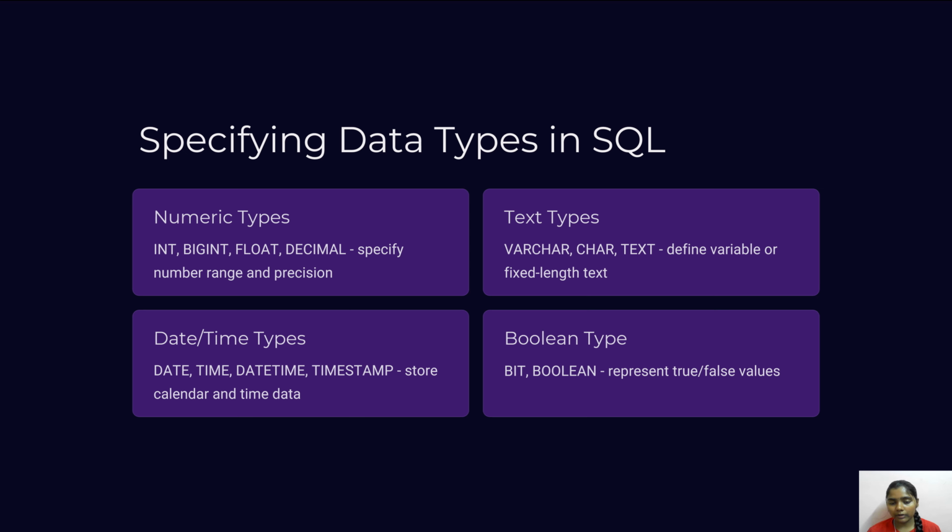In text types, varchar, char, text define variable or fixed length text. In date or time types, date, time, datetime, timestamp store calendar and time data. Boolean types, bit, boolean, represent true or false values.